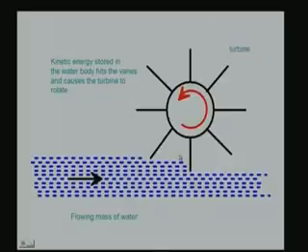The rotation of the wheel is by virtue of the fact that there is energy stored in the flowing body of water, and that impinges on these blades and causes the wheel to rotate. So, the flowing mass of water has some stored energy. A vehicle which is moving has some stored energy.